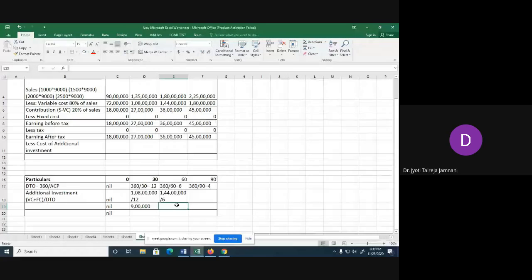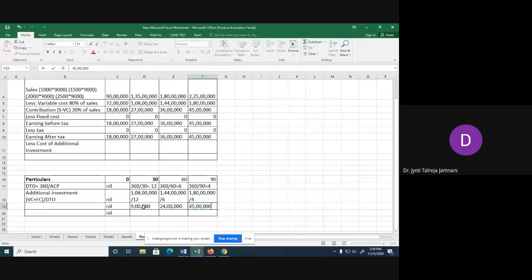So you will get it as 24 lakhs. And in the last, 90 days, the variable cost is 1 crore 80 lakhs divided by 4. So your additional investment will be 45 lakhs.